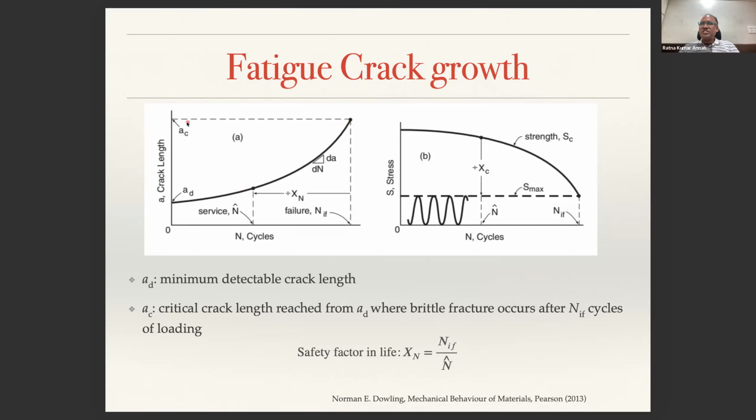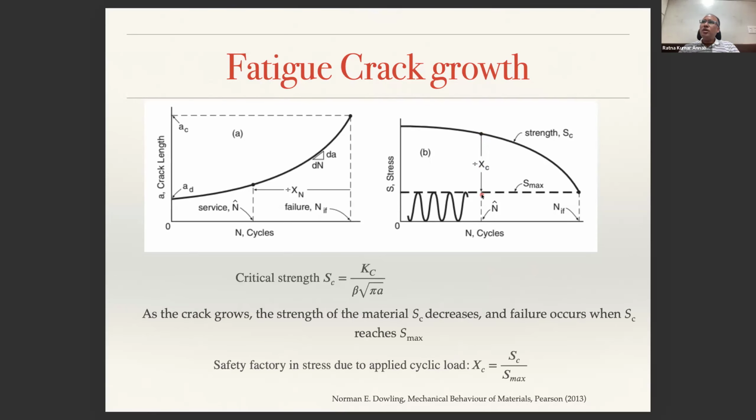That means you can actually calculate that corresponding to that a_c, there will be some number of cycles, that is N_f. So the factor of safety in life, as we have already seen, is N_f by N hat, where N hat is the service life that you have created. Similarly, for the factor of safety in stress at N hat cycles, the residual strength of the material is S_c, but you are only applying a maximum stress of S max. So the factor of safety in strength or stress will be S_c by S max.